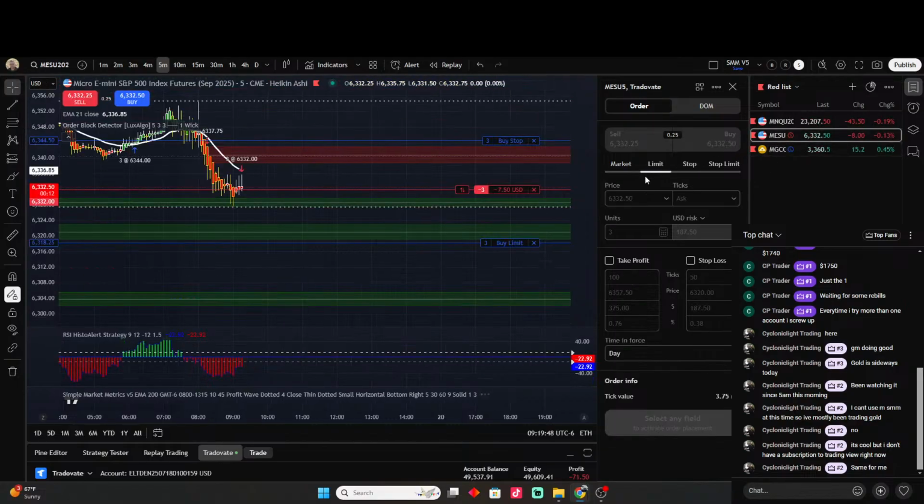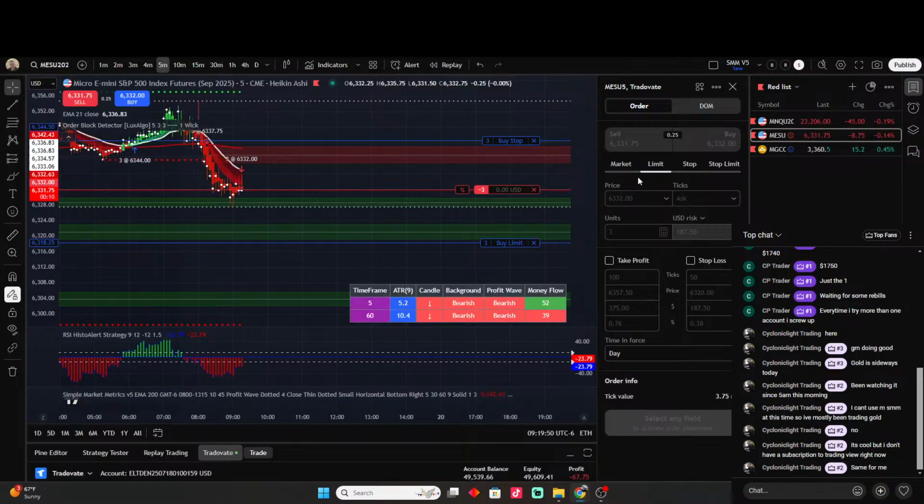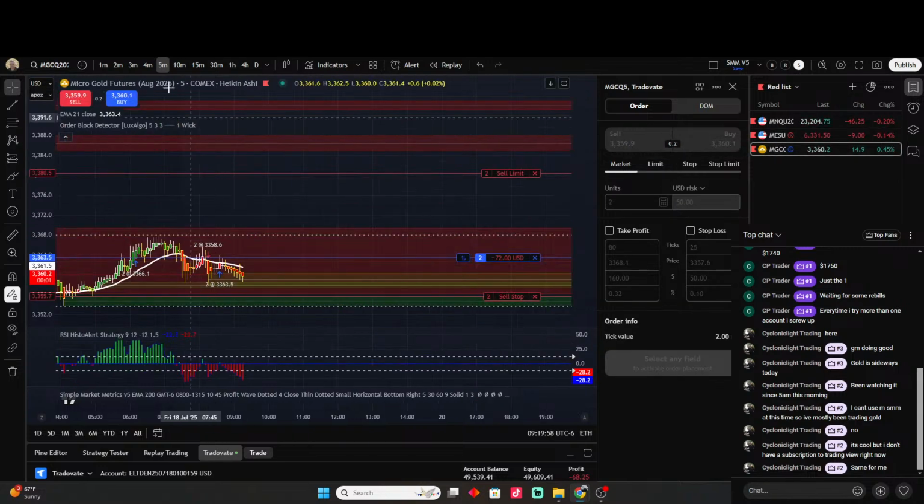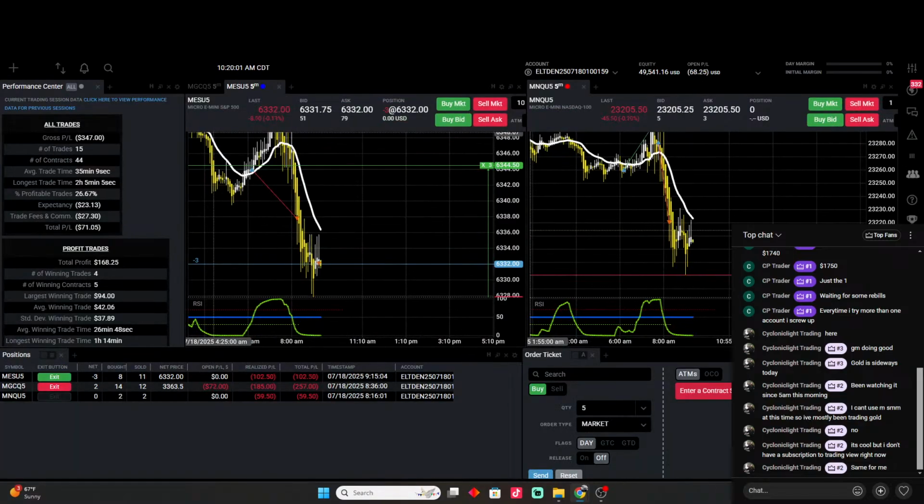I know another guy that uses TopStepX, and he likes it a lot. It's based off TradingView, or uses similar functions as TradingView.